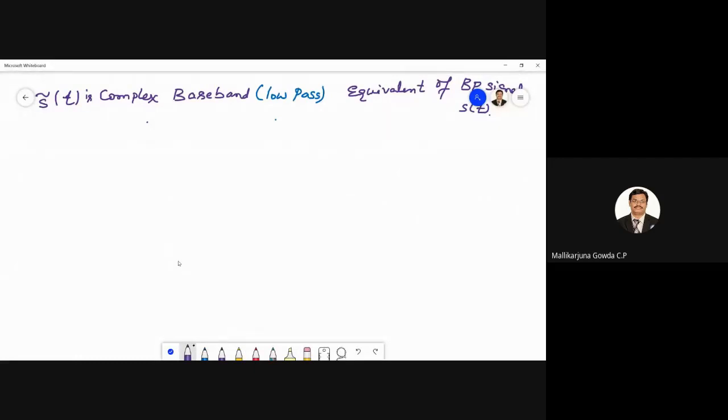What we have observed from this is what I wrote, S plus of t is equal to S tilde of t into e power j2 pi fct. So the real part of S tilde of t into e power j2 pi fct is equal to what?